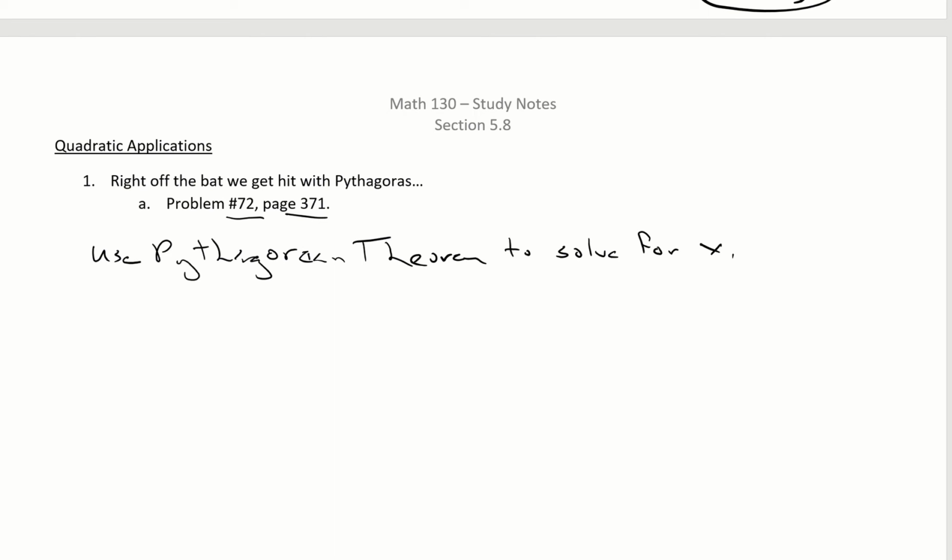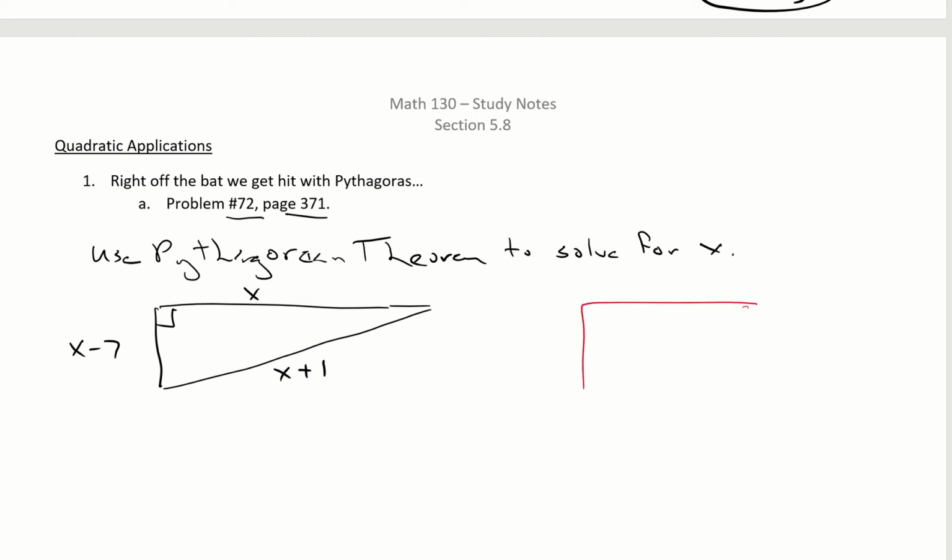I'm writing it out because, okay, the problem looks like this. Do you remember Pythagoras, what the story is with Pythagoras? It has to do with right triangles. What they put up here is an x, an x minus 7, and over here an x plus 1.